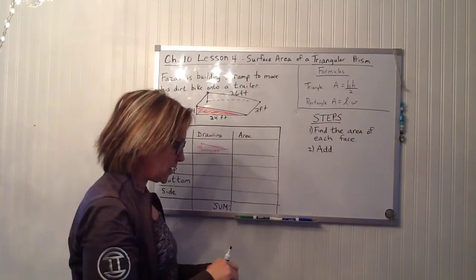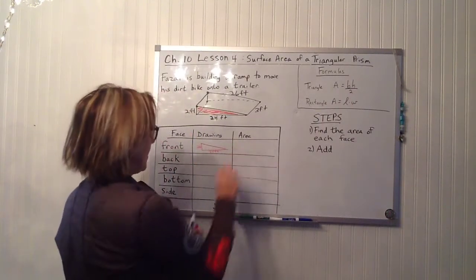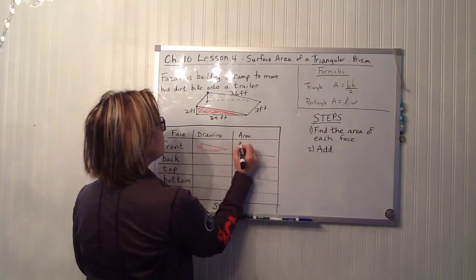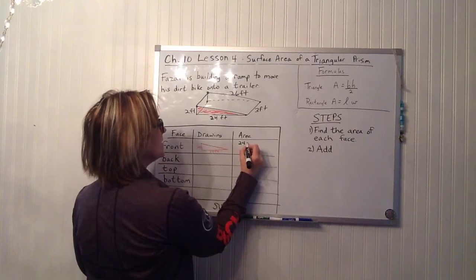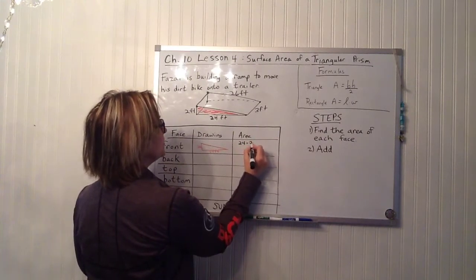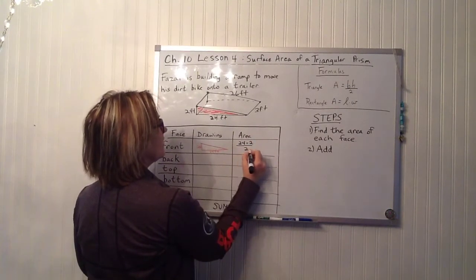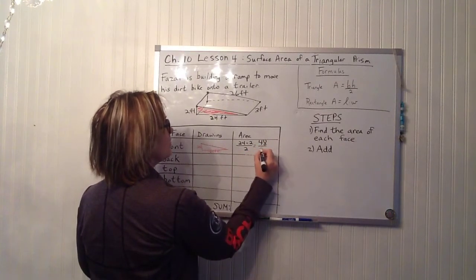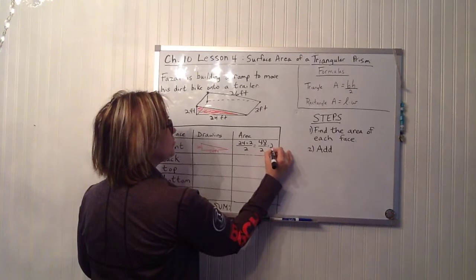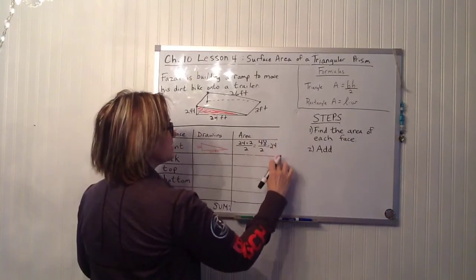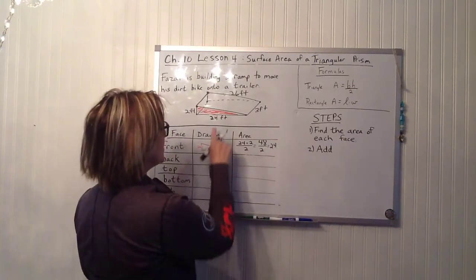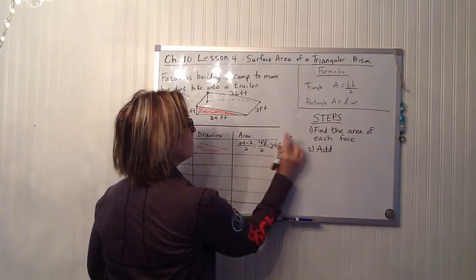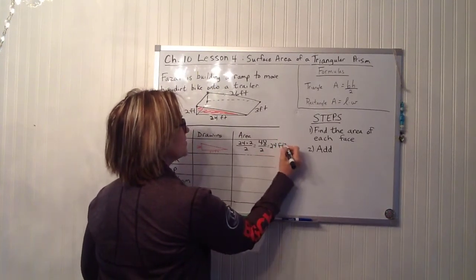So I am going to write my dimensions down. 24 is the base times 2 is the height, and I divide that by 2. So I get 48 divided by 2 is 24. So the area for this one triangle is 24 feet squared, or square feet.